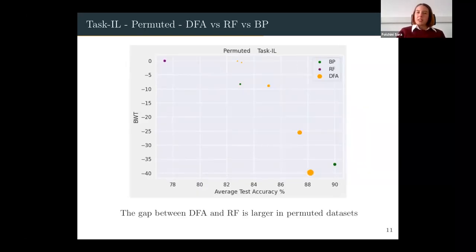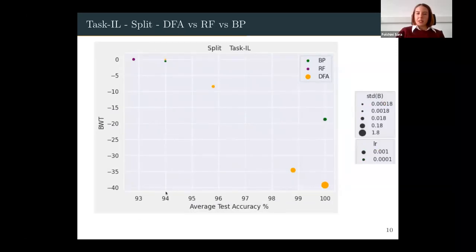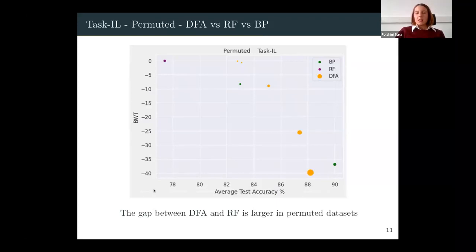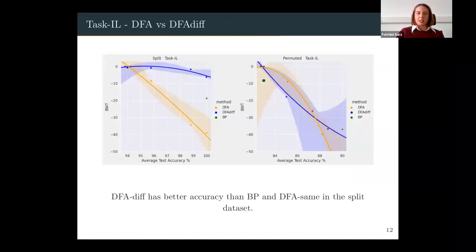In the permuted dataset instead, DFA has a larger gap to random features. It's more or less 10 points in accuracy. Instead, before it was only 1 or 2 points in accuracy. That said, what happens if we change the feedback matrices along the different datasets?